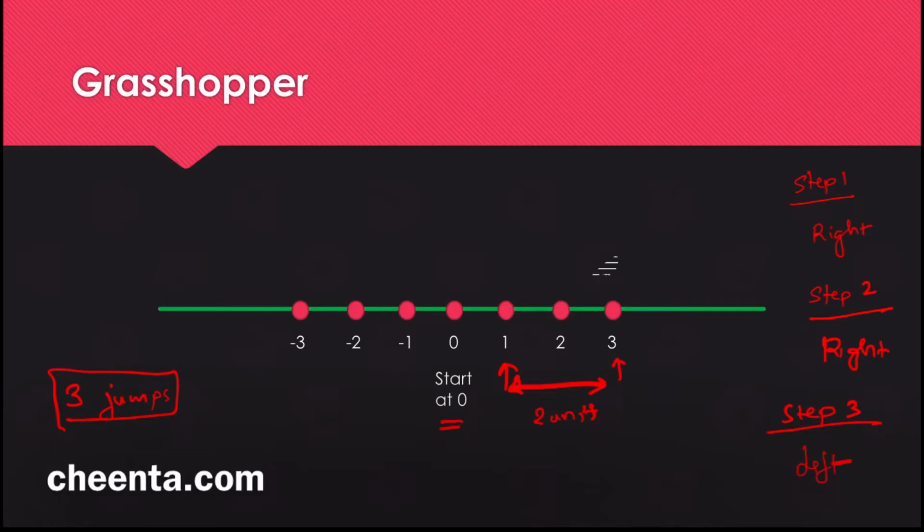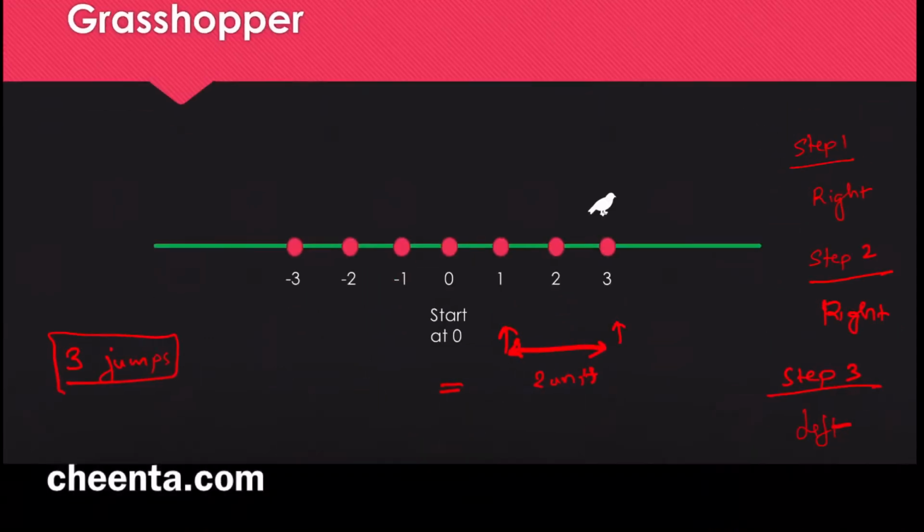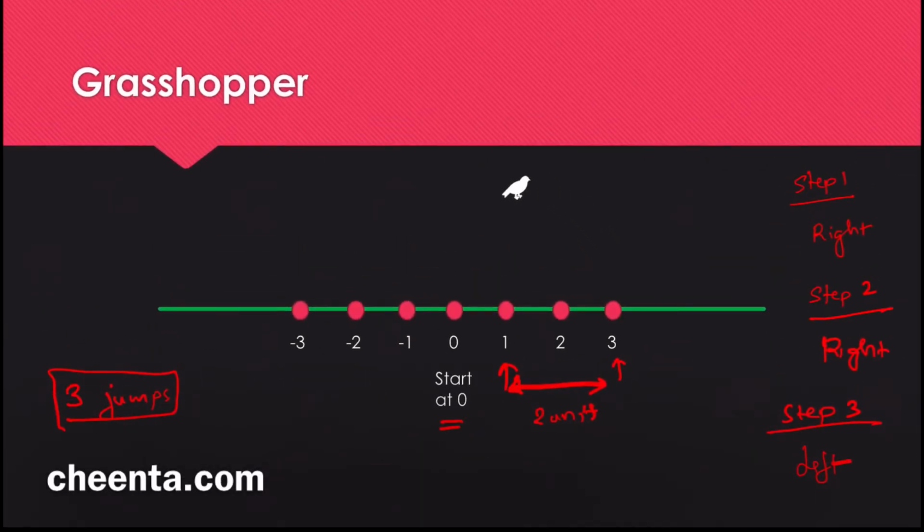So this grasshopper goes back to the starting position, because this particular jump was 3 centimeters long. Clearly, if plus denotes right moves, plus 1, a right move, plus 2, again a right move, minus 3, a left move, is 0.